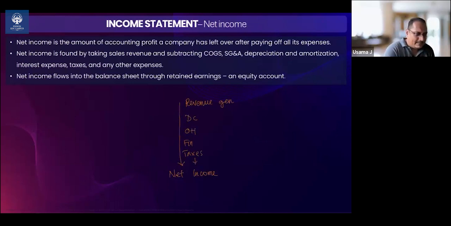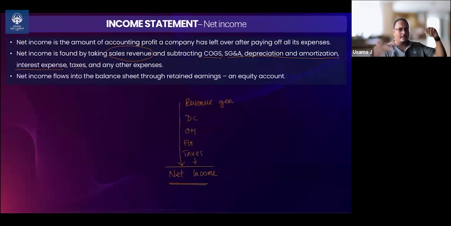So if we were to simply calculate this, you can see across over here, we'll take our sales, we'll subtract our direct cost, we'll subtract our indirect costs, our financing cost, our taxes, and any other expenses like extraordinary items to arrive at our net income. No big deal. Revenue recognition, direct costs, indirect cost, financing, taxation, net income.